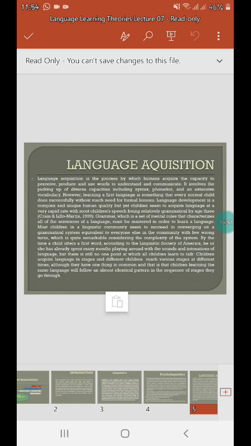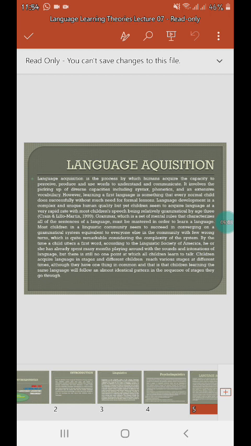Language development is a complex and unique human quality, but children seem to acquire language at a very rapid rate, with most children's speech being relatively grammatical by age 3.